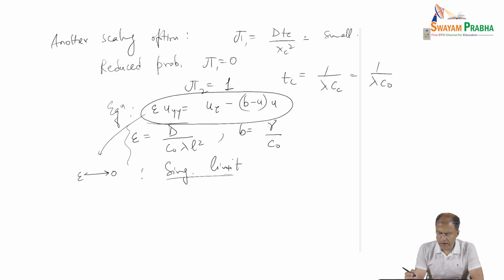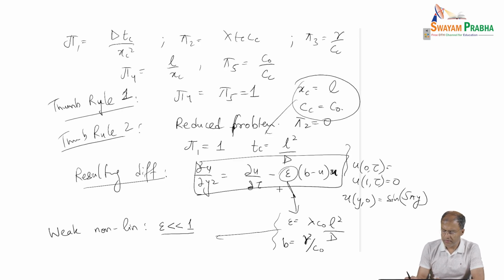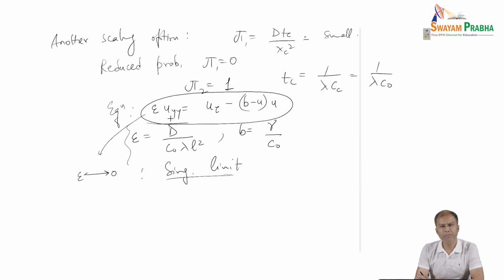Okay, so notice that in this problem the resulting ODE in the form of the dimensionless groups can be represented either as a regularly perturbed problem, where epsilon does not appear with the largest order differential term, or as a singularly perturbed problem, where epsilon appears as a coefficient in the largest derivative term, right?